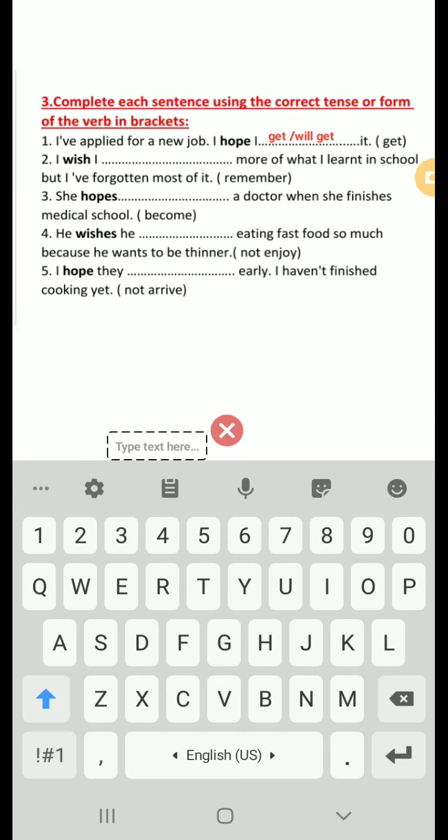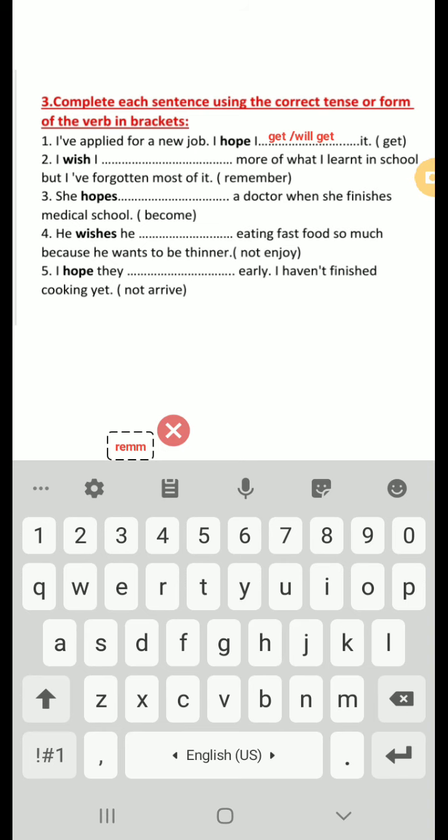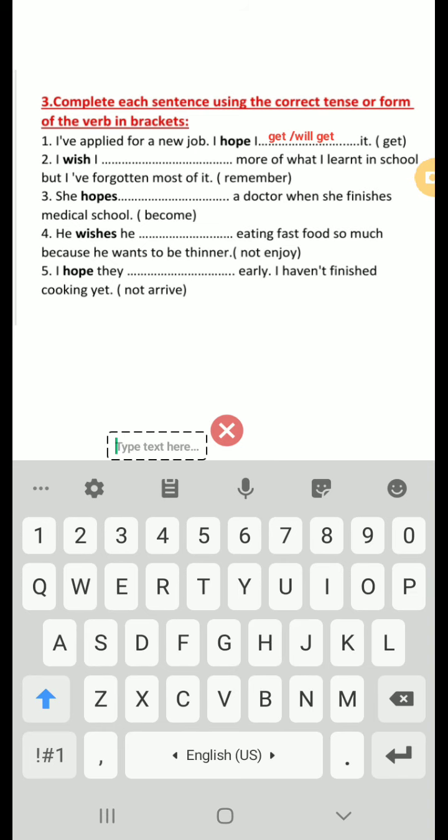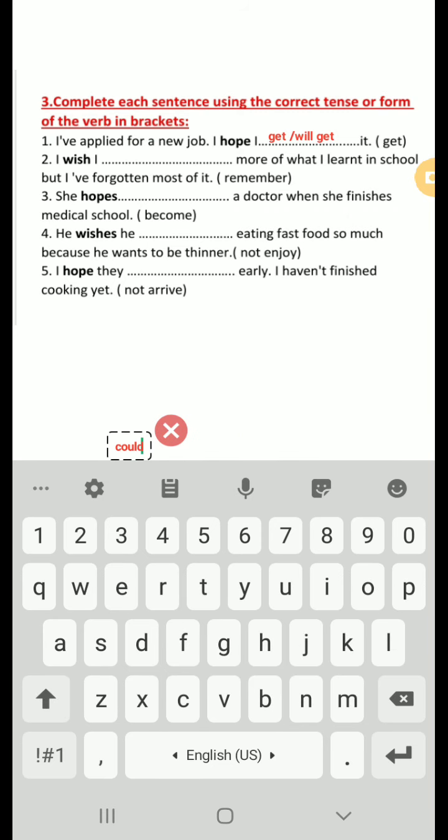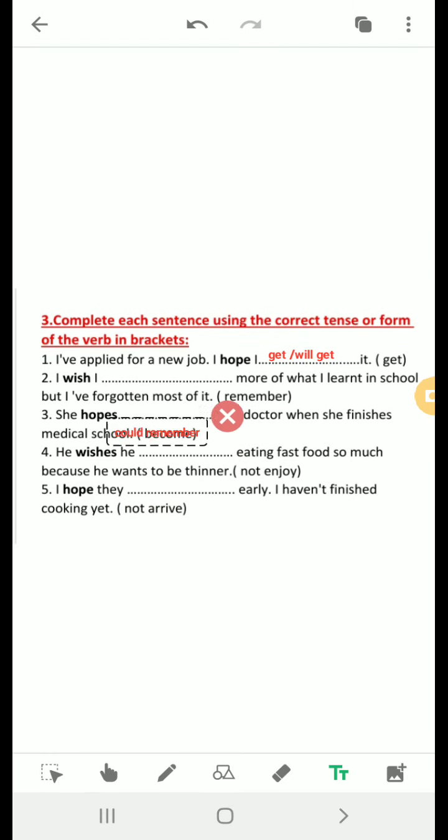I wish I remembered, from the verb remember, or could remember. We can use could, the past form of can. I wish I could remember more of what I learned in school, but I have forgotten most of it.